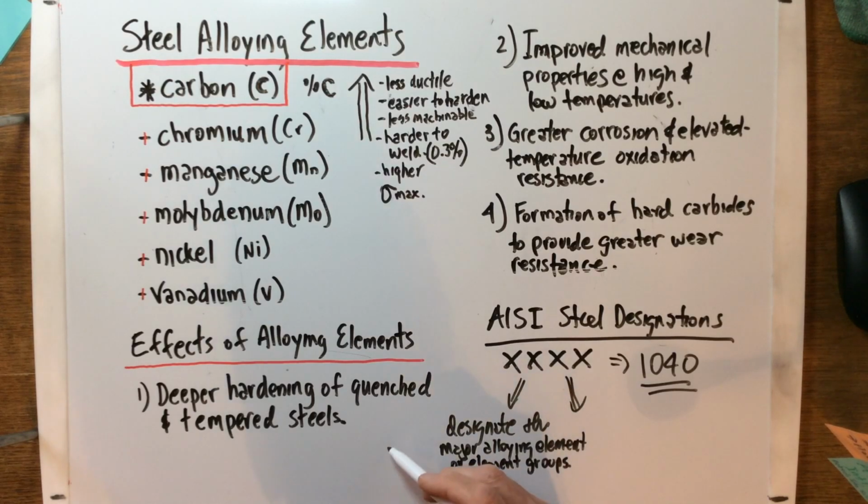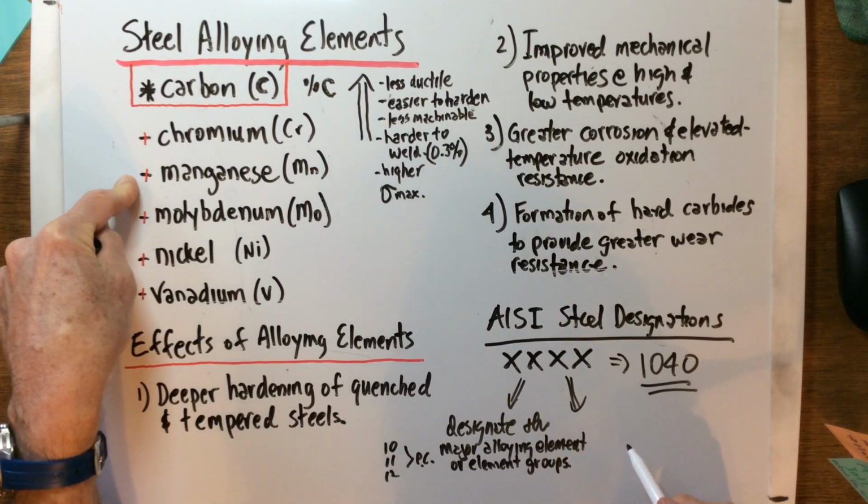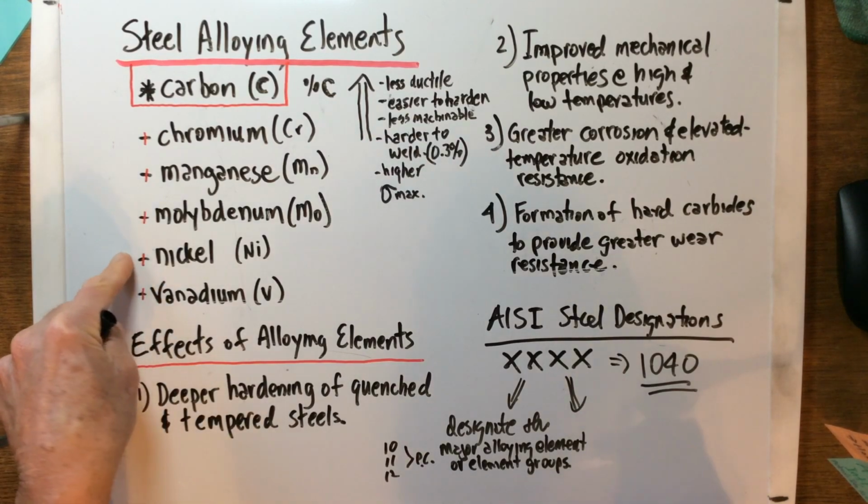Anytime you see the first 2 numbers of 10, 11, or 12, those are usually plain carbon steels. All right, and then if they're in the teens, like 13 through 15, manganese is going to be one of the major alloying elements. And then in the 20s, like 23, 25, nickel will be the major alloying element.